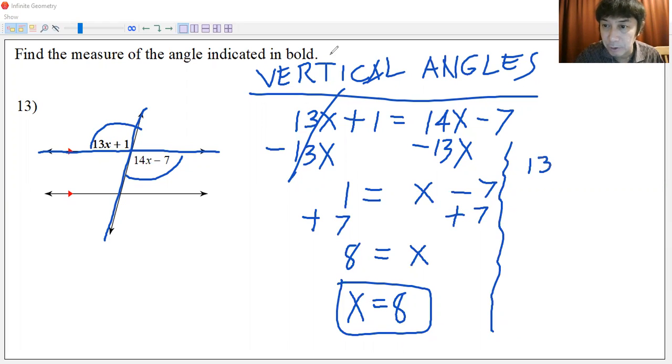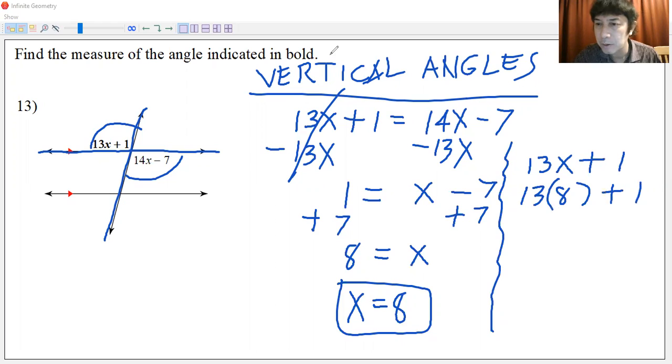We shall use 13x plus 1. Okay, these are the expression in bold letters. All right, 13 times x means 13 times 8 plus 1. How much is that? That looks like 24 carry 2. That's 104. That's 24, and then carry 2.